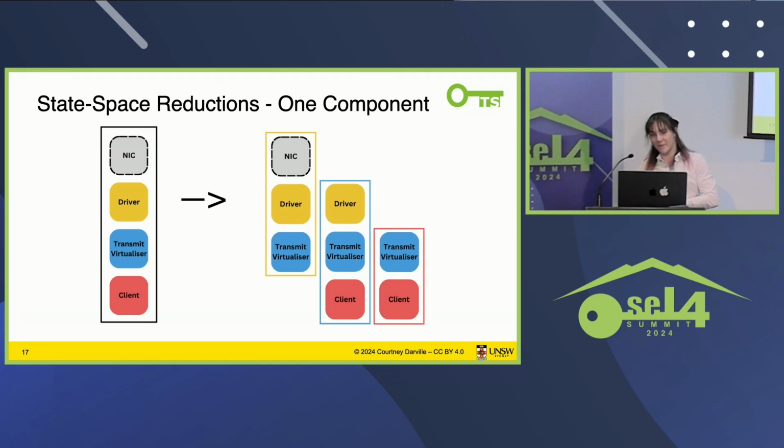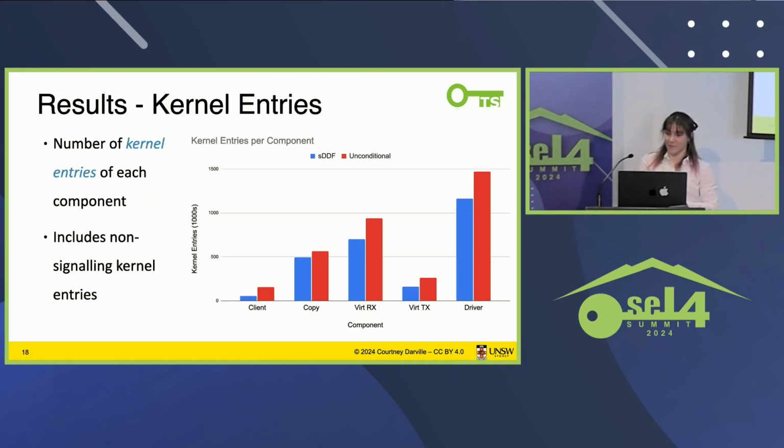Now, in terms of the results of the signaling protocol, the protocol that we ultimately went with, that's still used to some degree, with only slight variance today, well, this protocol ended up being quite performant. So when we compare this protocol to the unconditional signaling protocol, which is when a producer signals a consumer each time work has been enqueued, well, you can see that the number of kernel entries in our protocol is significantly lower, but these kernel entries also include non-signaling kernel entries.